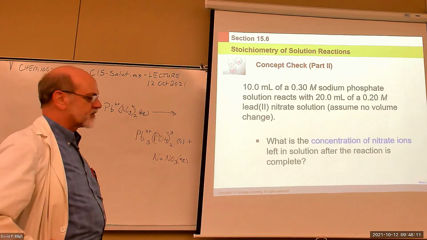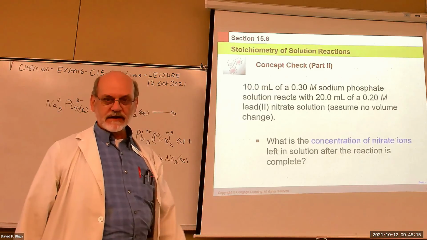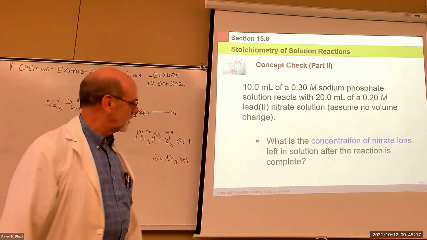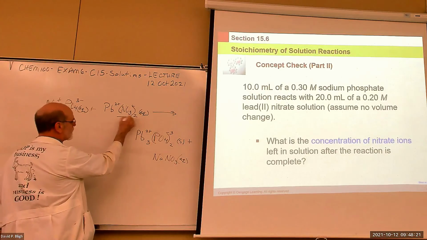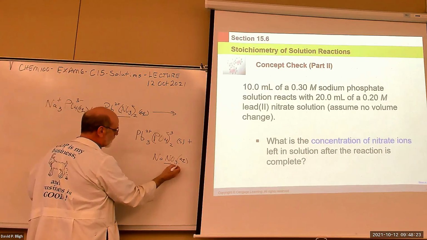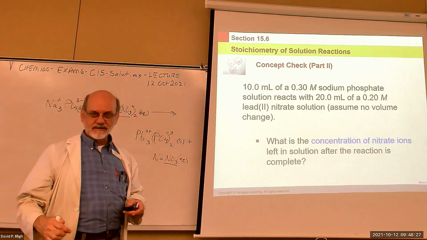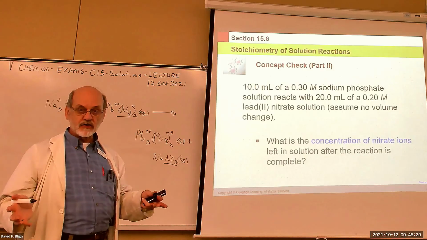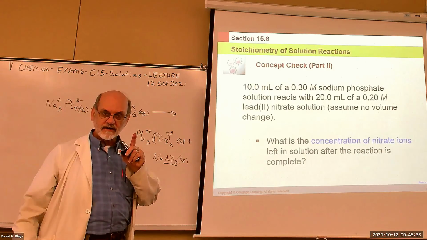This question wants to know, what's the concentration of nitrate ions in the final mixture? Remember, nitrate is soluble here and it's soluble there. It's a spectator. It does not precipitate. It's in solution before, it's in solution after. The only thing that changes is the volume.